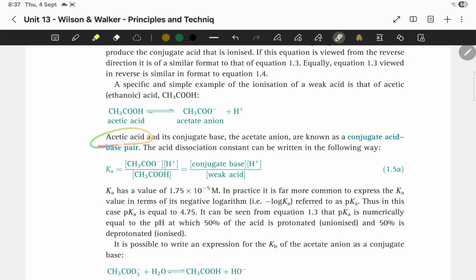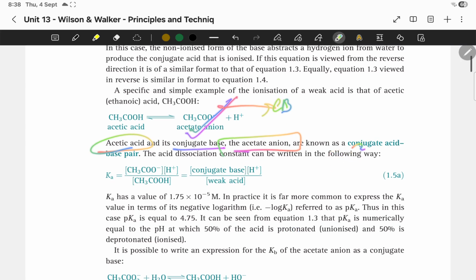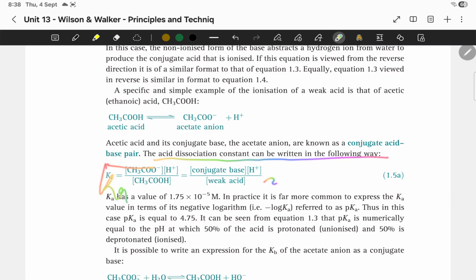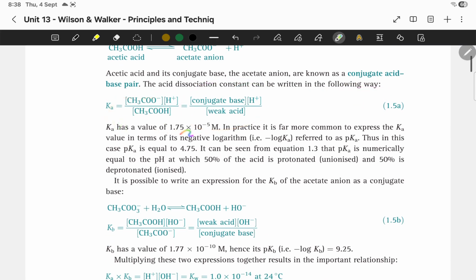The acid, acetic acid, and the conjugate base, acetate ion, are known as a conjugate acid-base pair. The acid dissociation constant can be written as follows: Ka. This Ka has the value of this.